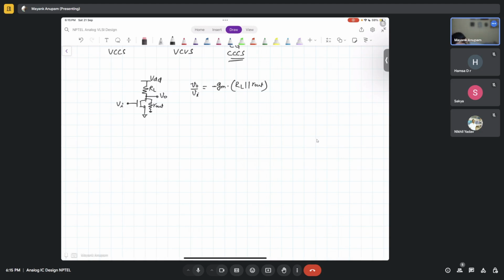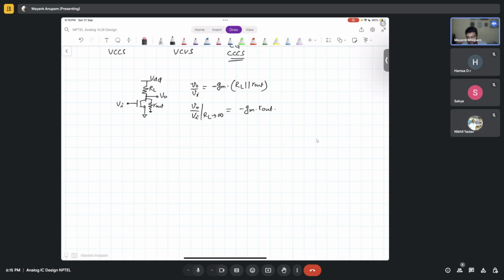Now, this is the total gain from input to output. But what is the gain of only the MOSFET? Let's say RL becomes infinite. Then the gain from input to output is minus gm times R out only.